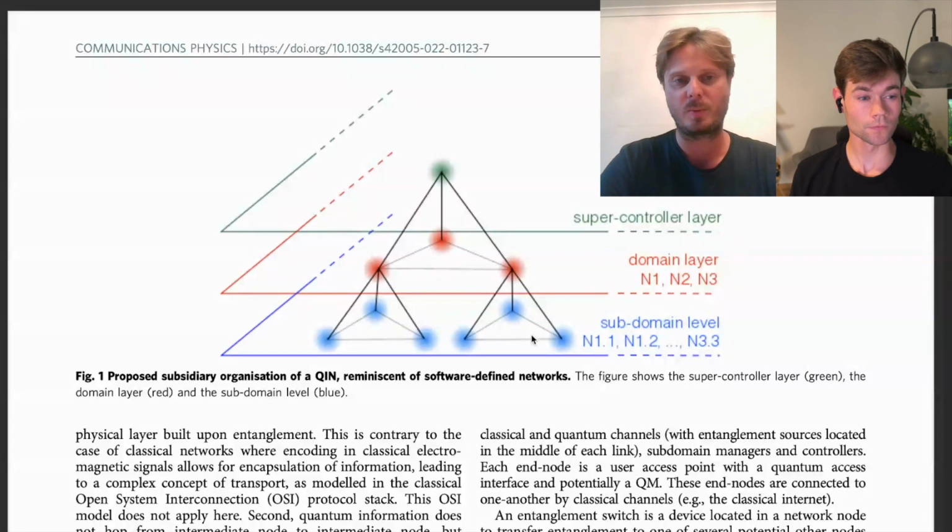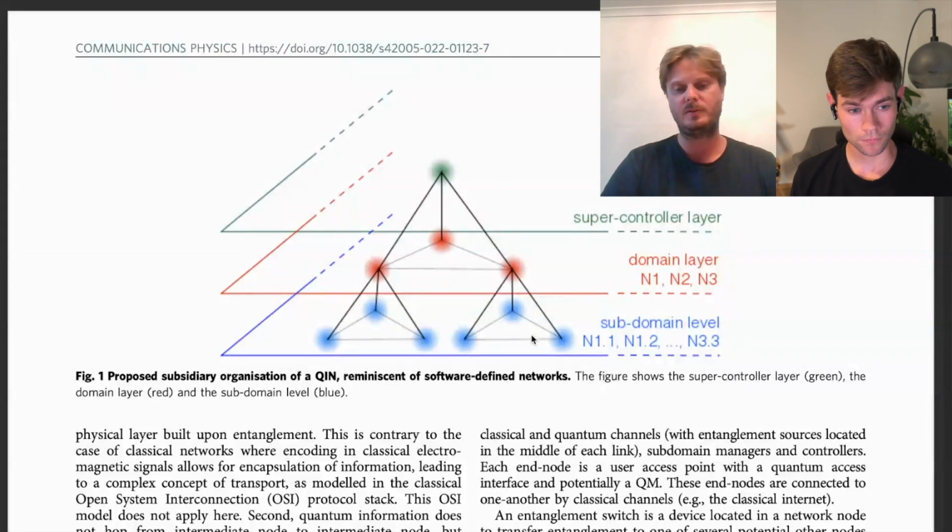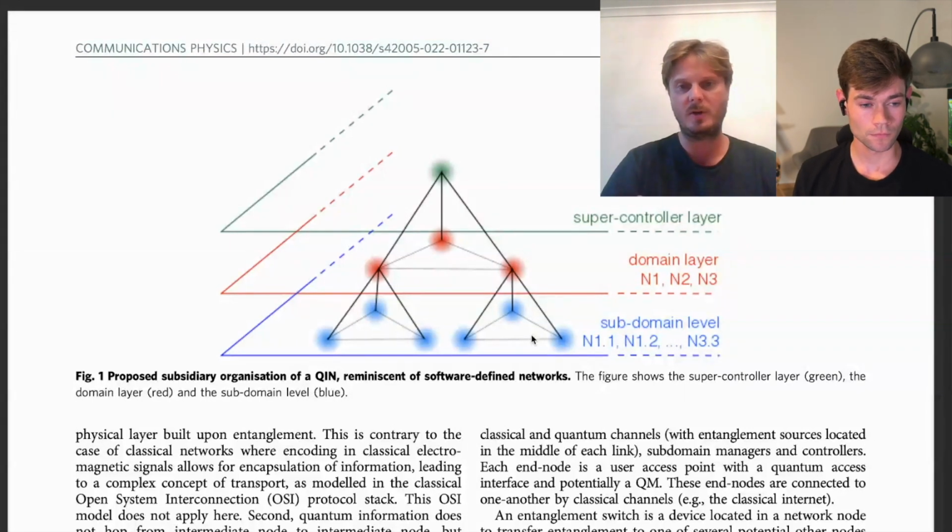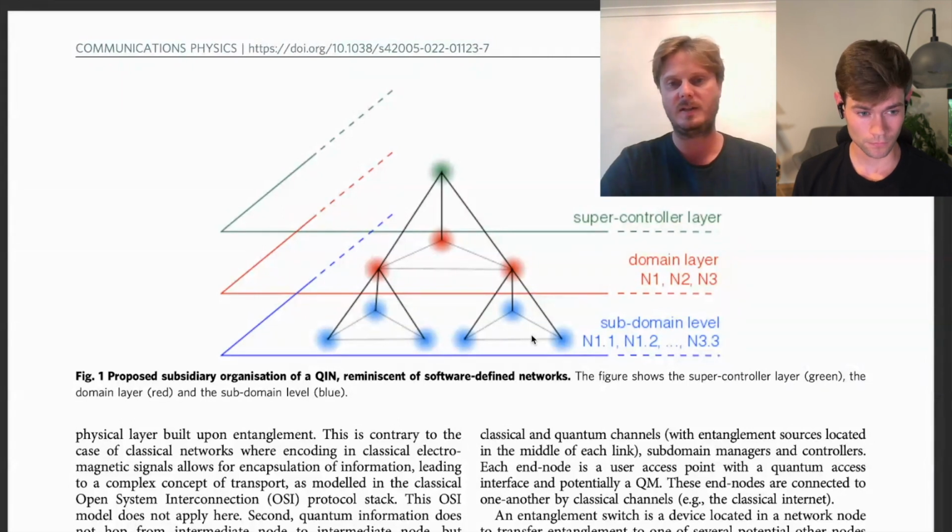Here, what we propose is the subsidiary organization, such that you refer to a controller of an upper layer that will decide who will be synchronized with whom, because you have to define a path, for instance. The path is a very complex task.